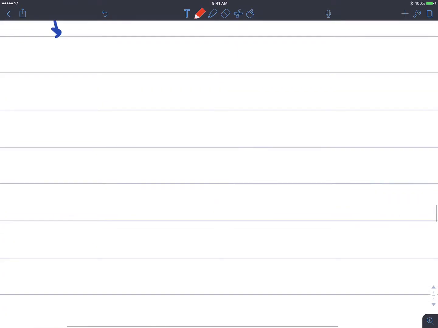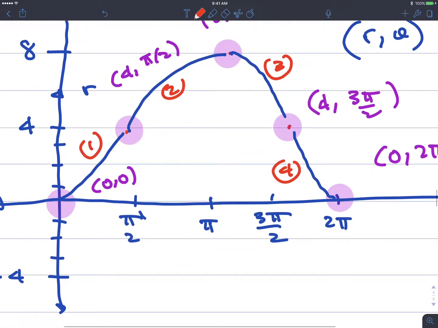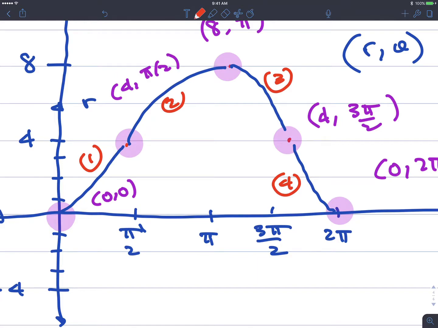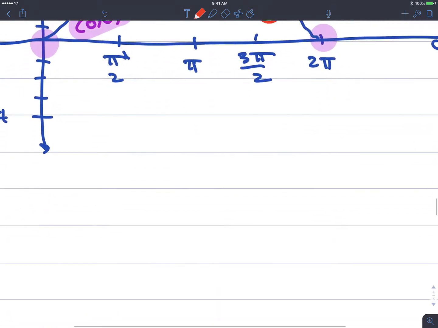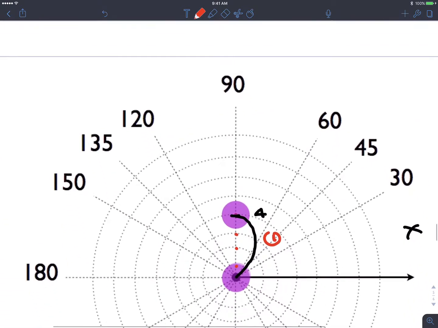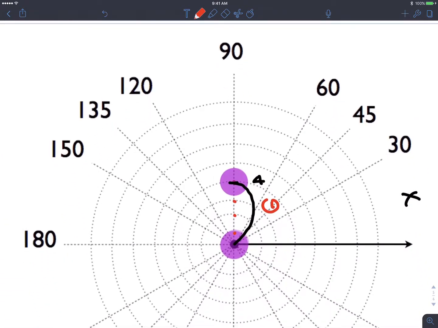If I go back now and say what happens next, I went from 0, 0 to 4, pi over 2. I have to go to 8, pi. What does that mean? Radius is 8 when I go from 90 degrees out to 180. So let's see where this is. 1, 2, 3, 4, 5, 6, 7, and 8.